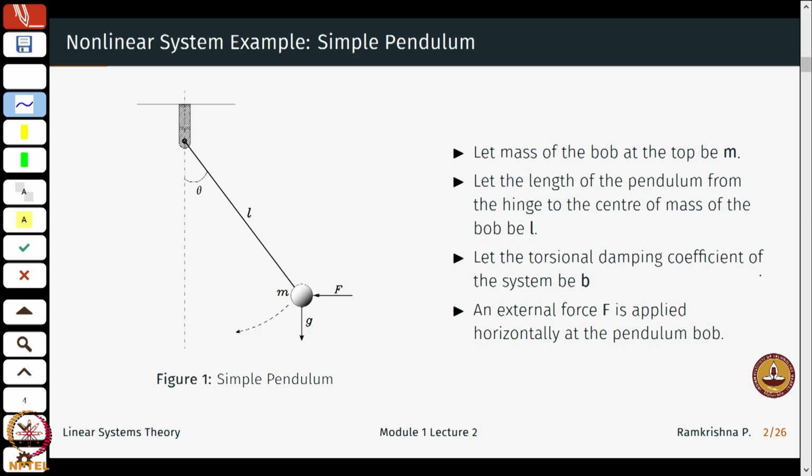So we start with a setting over here where I have a simple pendulum, like maybe a point mass of mass m, at a distance of length L from a pivot point here, and you have gravitational forces, you have a damping coefficient over here and so on. Okay, so assume that this is an external perturbation to the system.